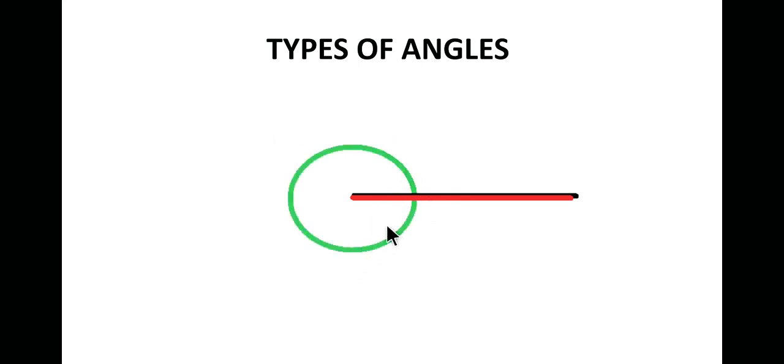As it forms a whole angle, it is called a whole angle, and the measurement of this angle is 360 degrees. This means that if you take a turn from either side, left or right, and you come back to your original position, then the angle formed by you is 360 degrees.